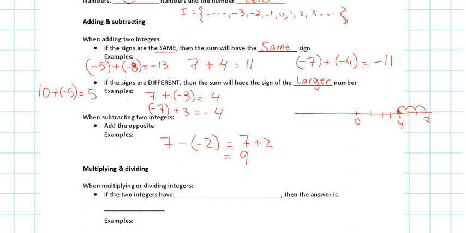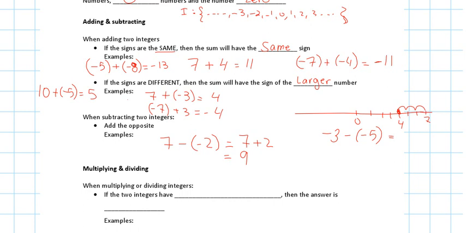Okay? Let's look at another example here. So if I have negative 3 minus negative 5. There's too many minuses and negatives. Okay, how would you simplify this? Now, tell me first, what do I write?